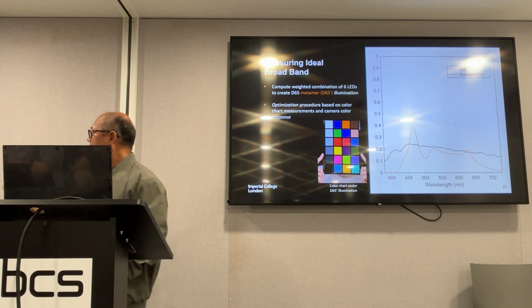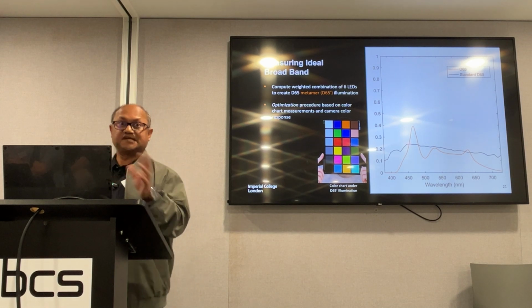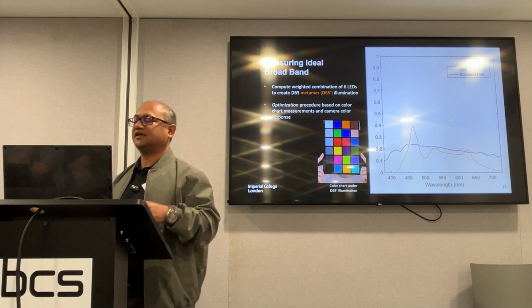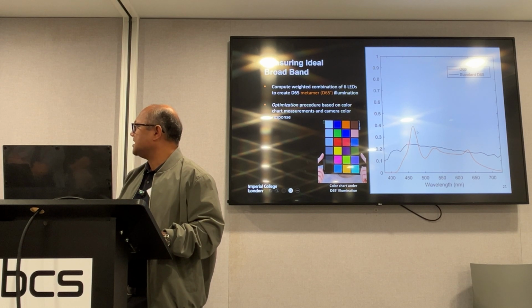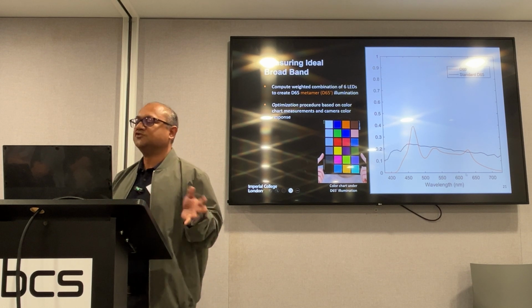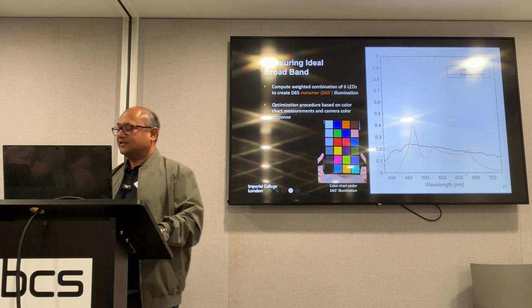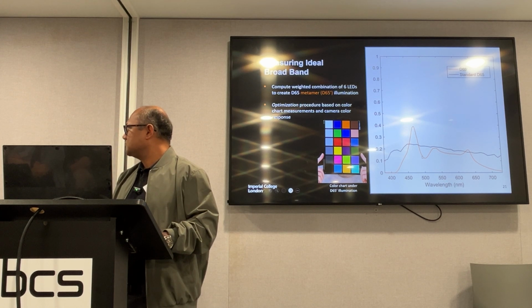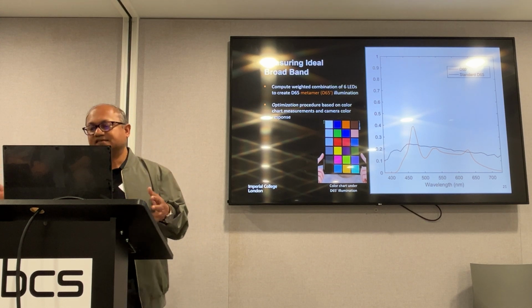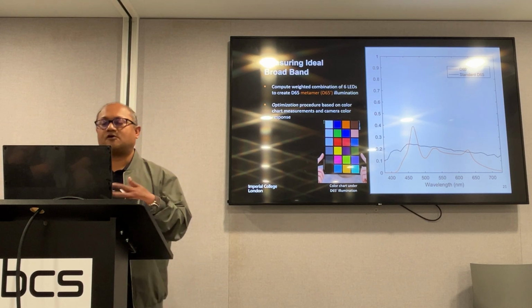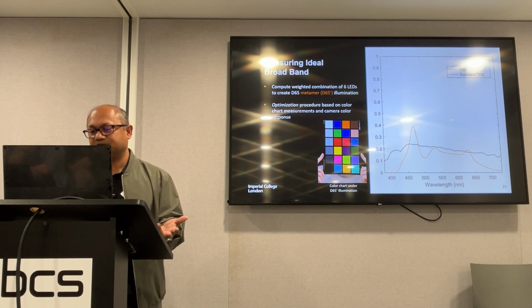That's why we call it a metamer, because it's not physically the same light, but perceptually it has the same effect. And in this case, this is the shape that our 6 LEDs jointly were able to produce. They did not completely bridge that cyan gap, but they minimized its effect in practice, so this turned out to be a nice proxy for the ideal D65 illumination.